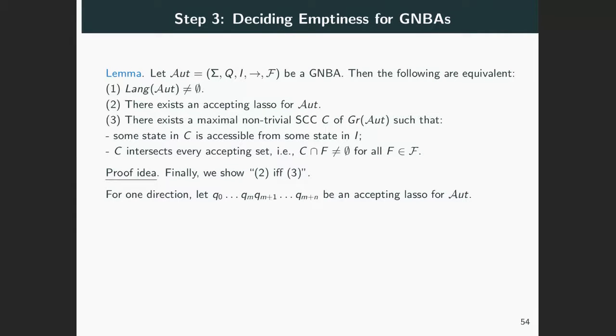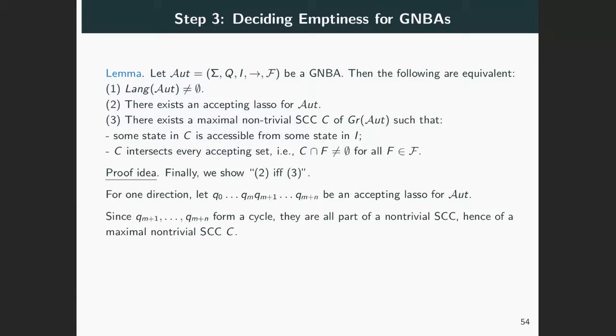Now let's prove the equivalence between the second and third statements. First, let's assume the nodes on the lasso's cycle form a non-trivial strongly connected component, which is included in a maximal non-trivial strongly connected component, C. Indeed, it is easy to see that every strongly connected component is included in a maximal one.